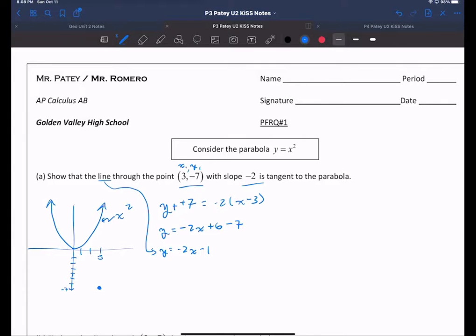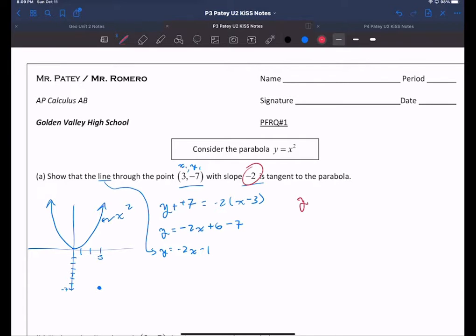Because if we can find the tangent line that has a -2 as a slope and find where its point of tangency is, then we can see if this is that line.